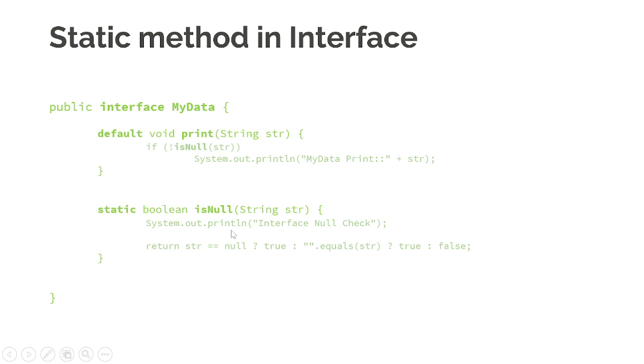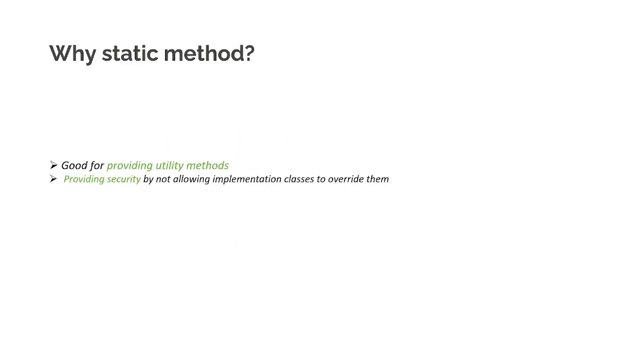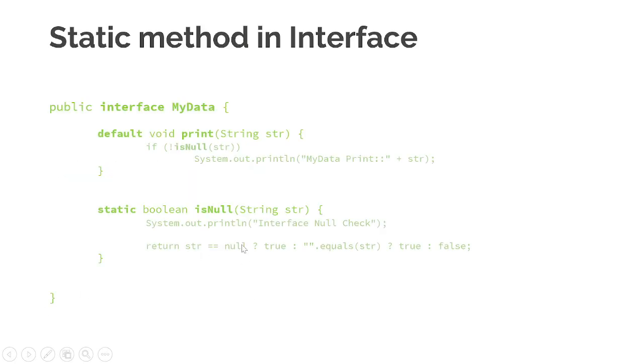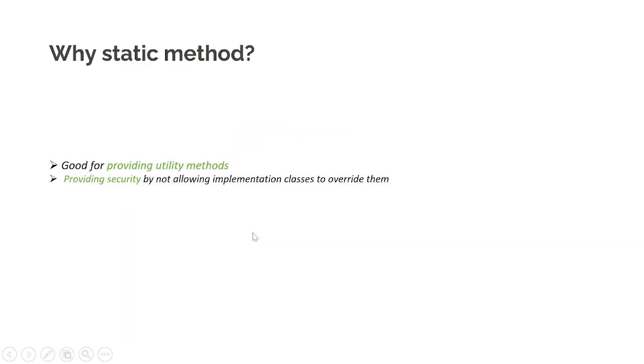And we achieve some security, because we want the body to be useful but no one can override or modify anything. So these two benefits we are getting. The static method and default method were introduced in Java 8, and this is really useful to know whenever we are implementing. It will be really helpful.